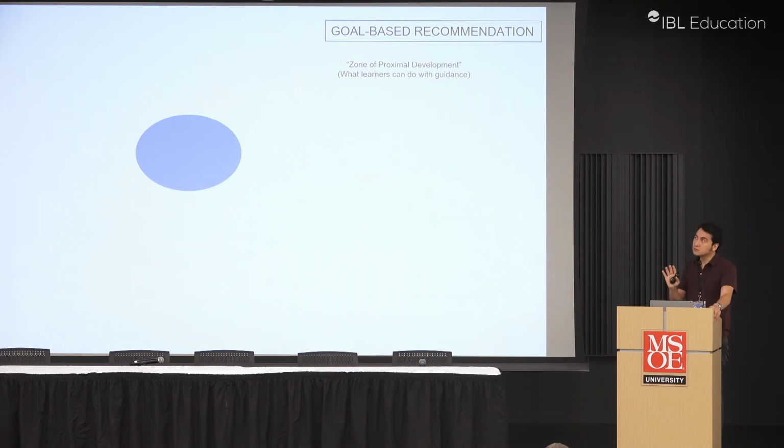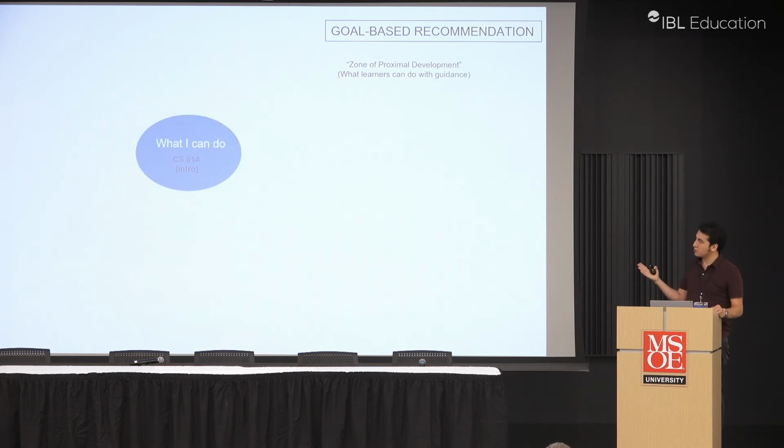Because we know correlation is not causation, we need to be very careful in the design to increase the probability that what is suggested is actually sensible. So zone of proximal development says there's this collection of, let's say, problems, skills, things that you can do without any help.